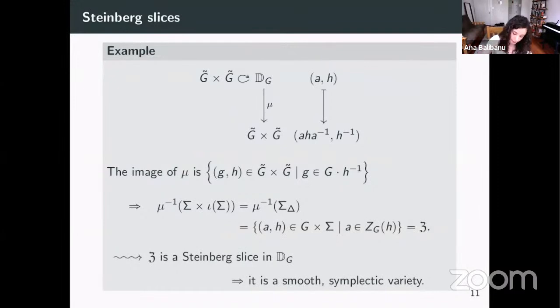I've shown that the pre-image of the Steinberg slice under this group-valued moment map is exactly the universal centralizer that I defined earlier. And the theorem tells me that this implies that this universal centralizer is smooth and Poisson, and that its symplectic leaves are its intersections with the non-degenerate leaves of the ambient manifold. But then the ambient manifold in this case was a non-degenerate quasi-Poisson manifold.